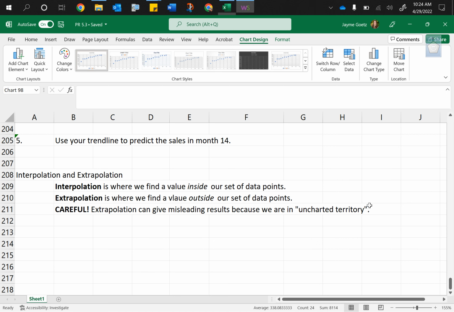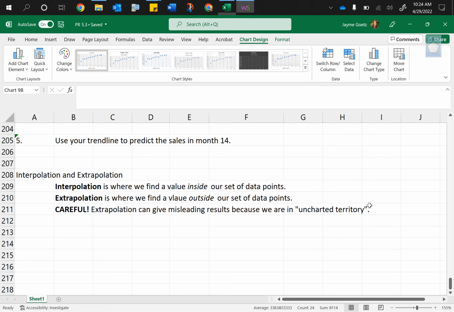Interpolation is where we find a value inside our set of data points. So if they ask you to find something inside of your data points, that is interpolation, that's okay. Extrapolation is where we find a value outside our data points. Be careful because extrapolation can give very misleading results because we're in uncharted territory.